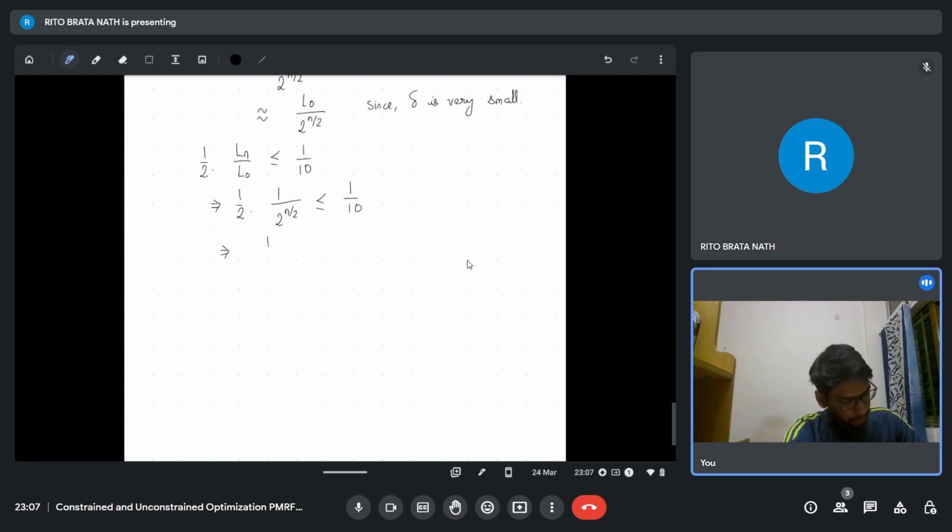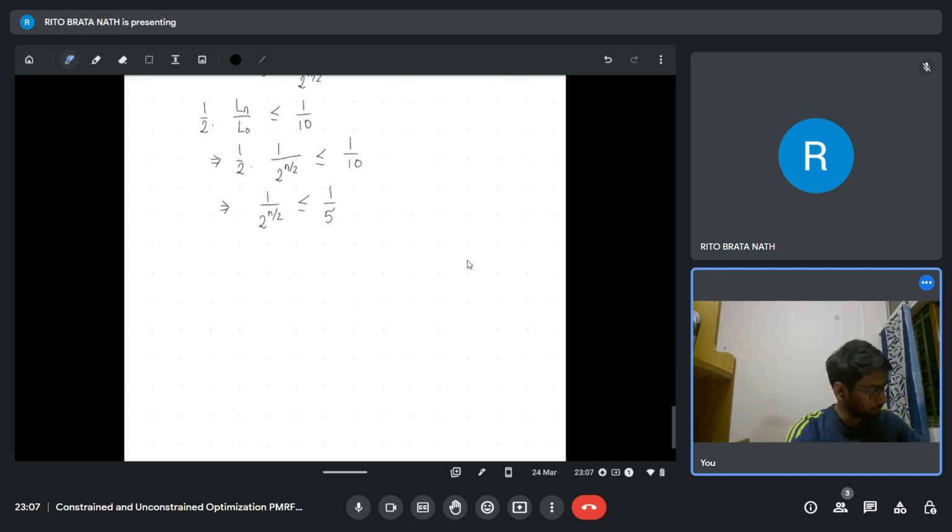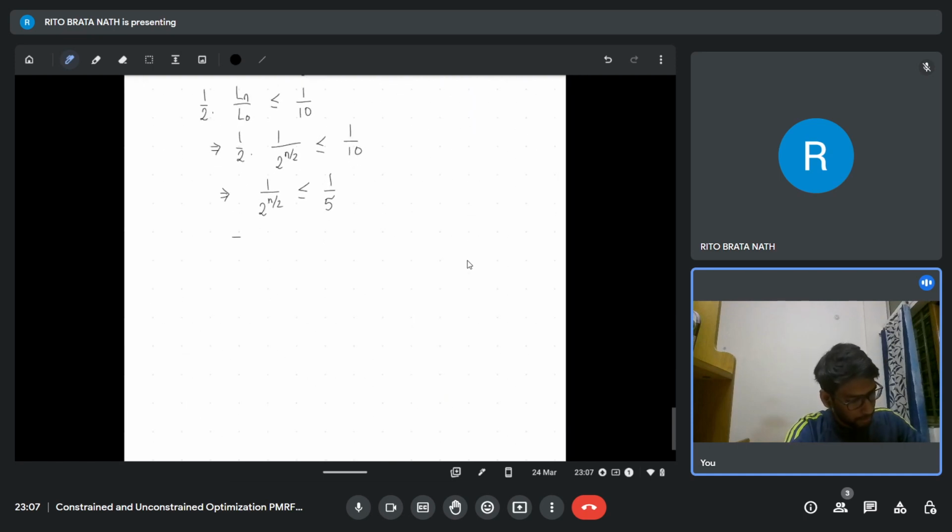So what you will be left with is less than or equal to 1 by 5, and after that 2 to the power n by 2 greater than or equal to 5.